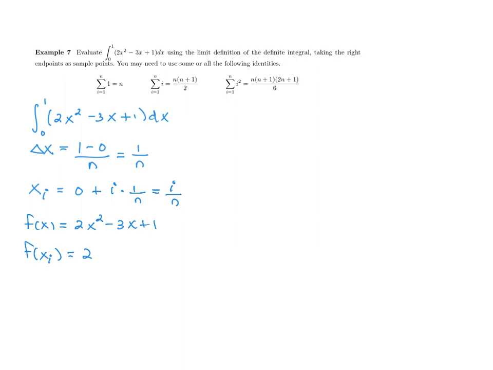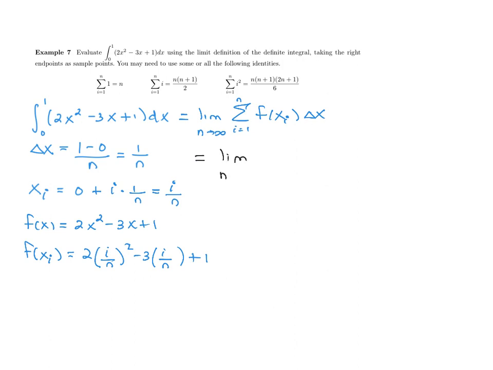If we plug in i over n into all the x's, we get 2 times i over n squared minus 3 times i over n, and then plus 1. Therefore, this is equal to the limit as n approaches infinity of the sum of i going from 1 to n of f of x sub i times delta x. The process in this example will be the same as the last. It's just a slightly more complicated function.